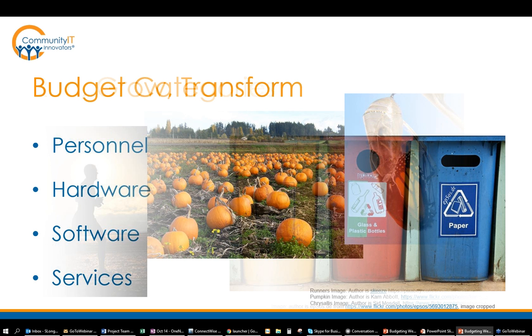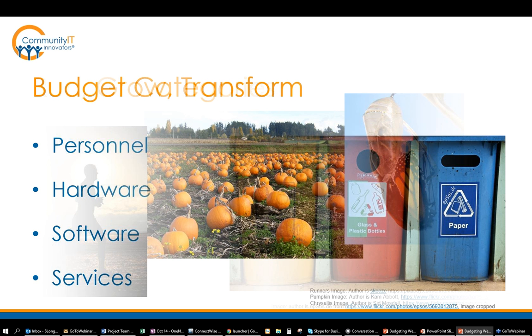So, like any human effort at categorizing, there can be some overlap that can take place in these different areas. For example, if you have a new finance system and pay a consultant to help you do the implementation, do you put that consultant's time in the software category with the cost of the finance system's licensing, or in the services category?